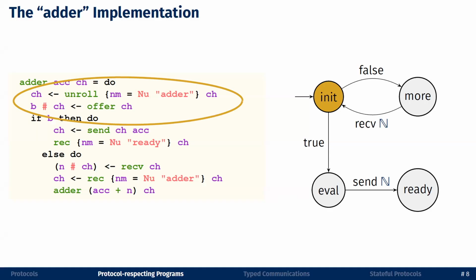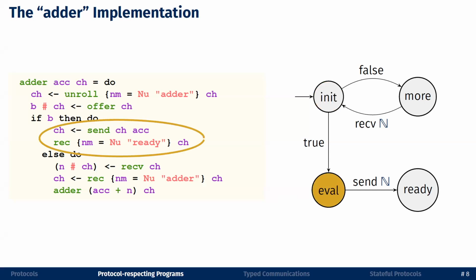Then we are making an offer, it's here, which means that we're going to get a decision from our client telling us whether they want to take the left branch or the right branch. If they take the first branch, we're in the eval, which means we are sending back the accumulator, the sum we've accumulated.